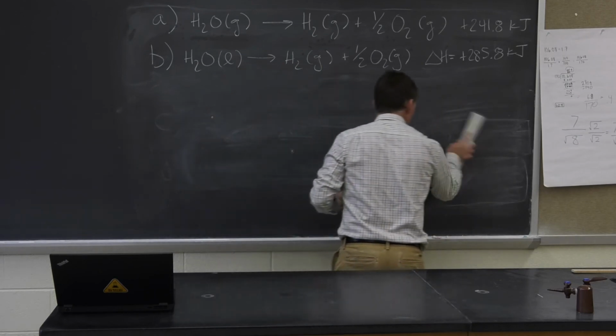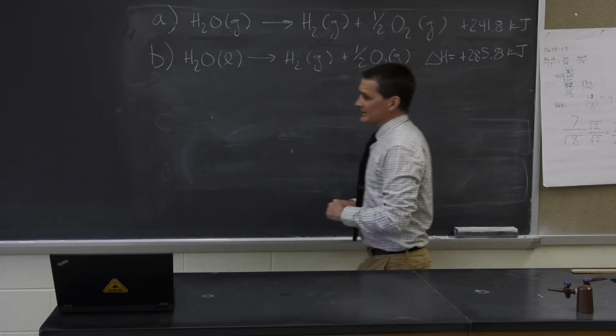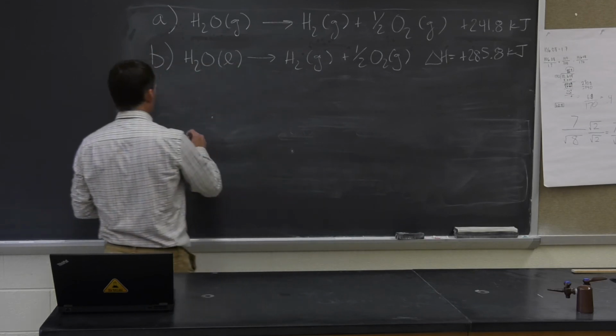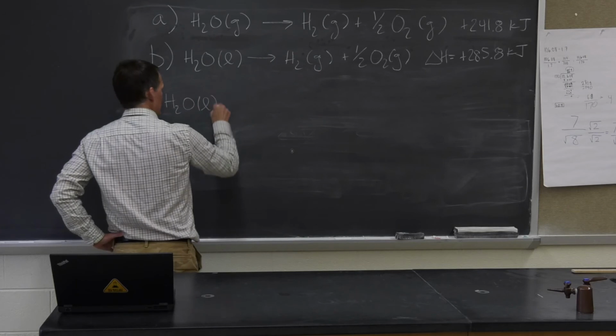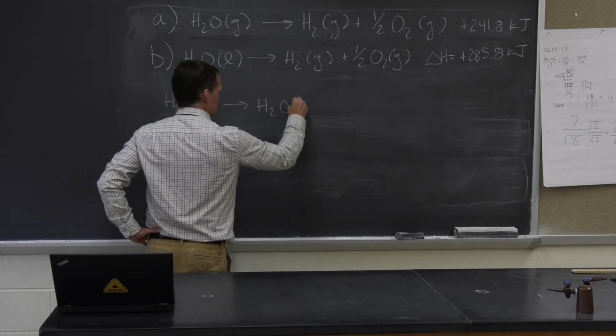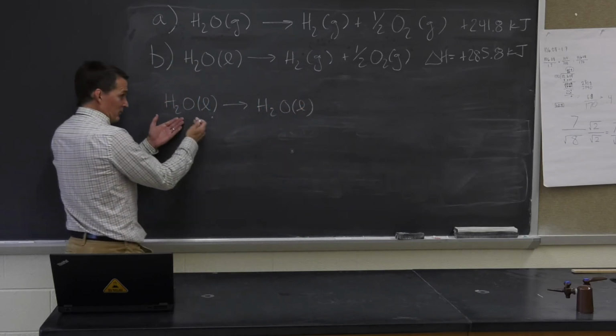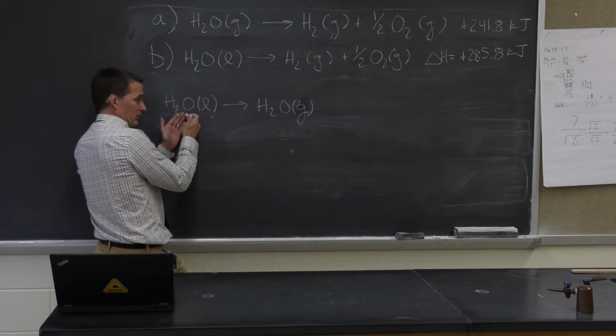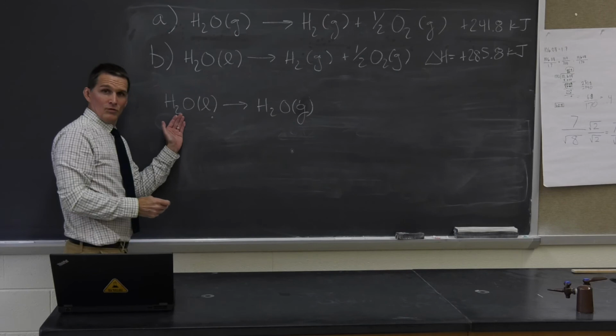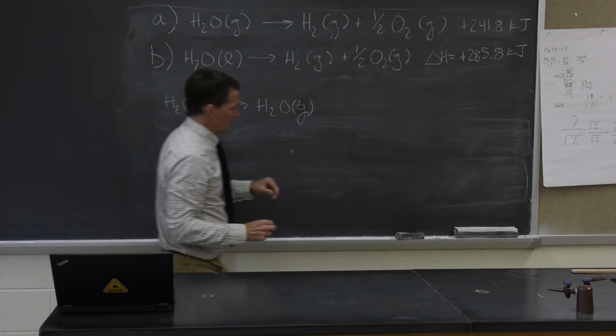We're going to use some of these tricks now to see if I can figure out what is the enthalpy change, we'll say, for H2O liquid going to H2O gas. In other words, what's the enthalpy change for the boiling of 1 mole of water? Watch how this can be done.